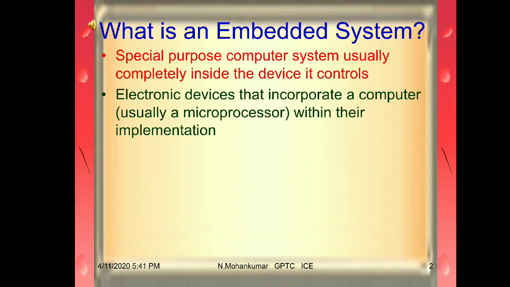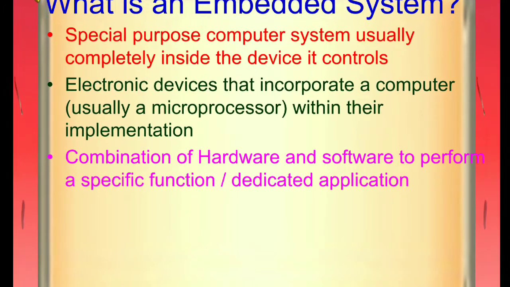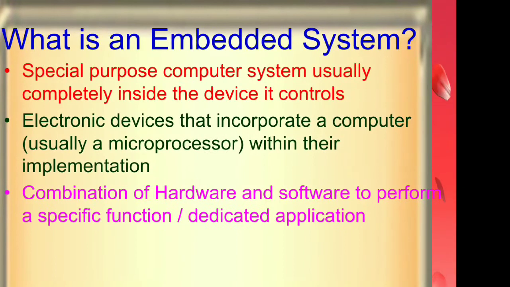So embedded system is a combination of hardware and software to perform a dedicated task. That means the embedded system is a circuit, hardware, which is embedded into the main system to control the function of the main system or to assist the function of the main system. But that embedded system is in the form of hardware and software.